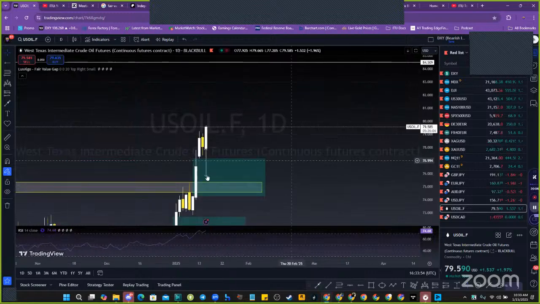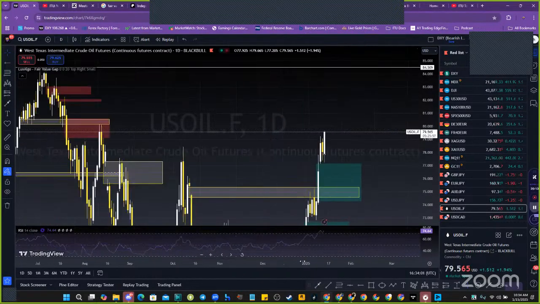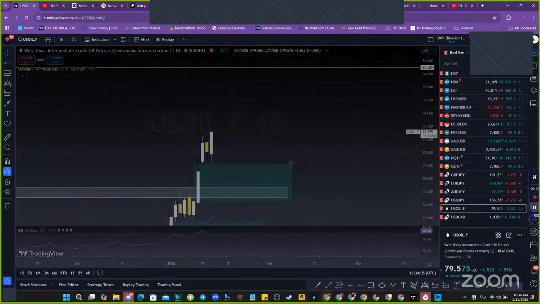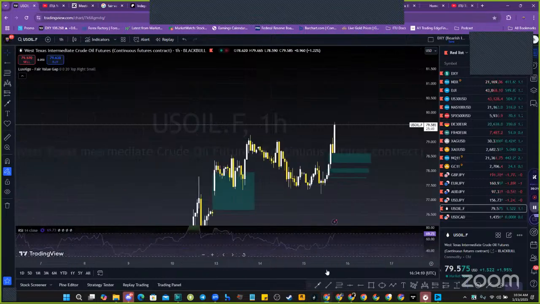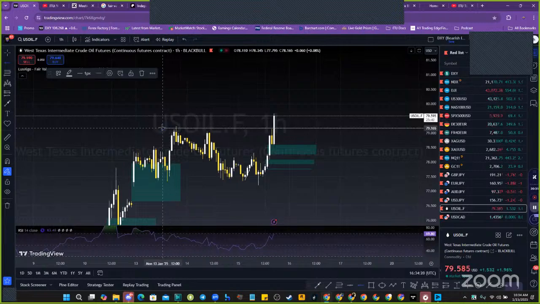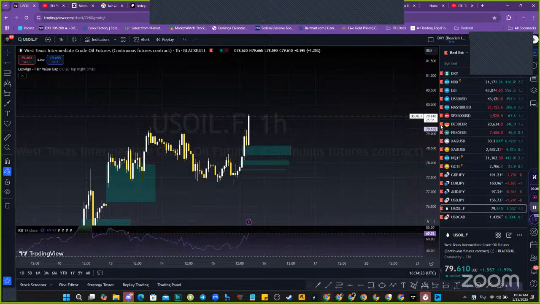I wanted a little more move to the downside, but I mean, if it wants to maintain this idea, we've got a nice triple bottom here. This would be the next potential buy area after the hour close. So waiting on that.